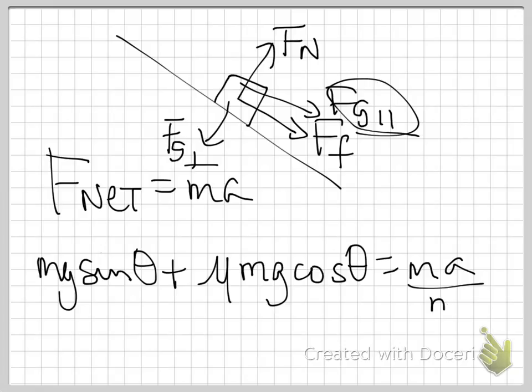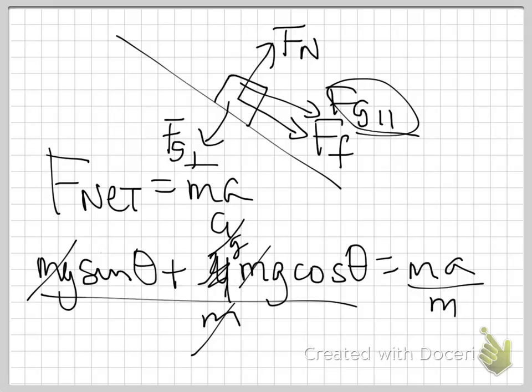If I solve for a, divide the m over, that goes, and remember mu was equal to a over g, I think is what we said on the last slide. So if I cancel things out, let me rearrange it here.